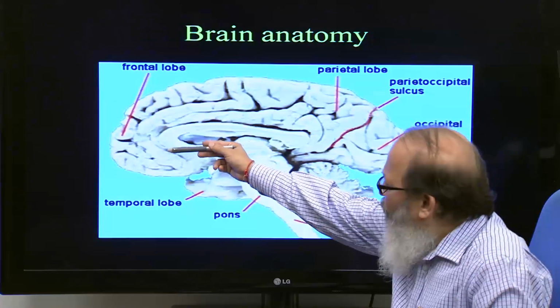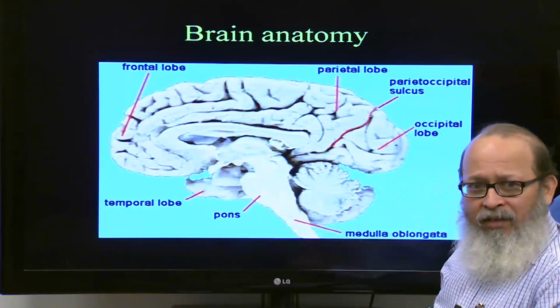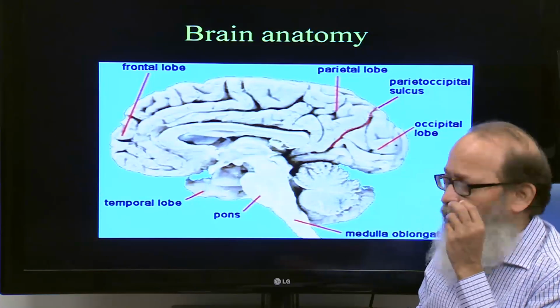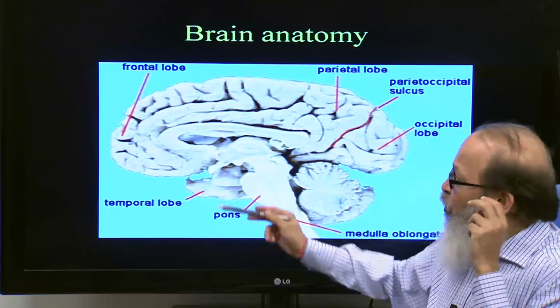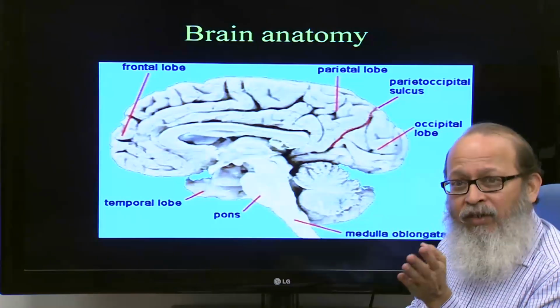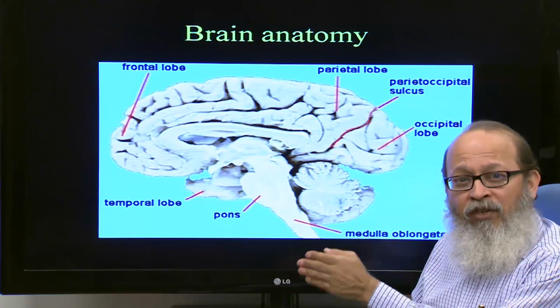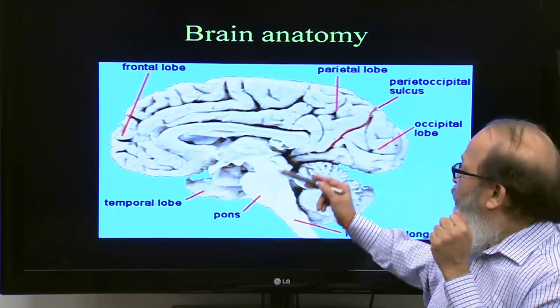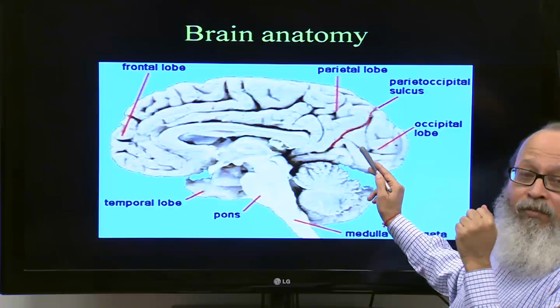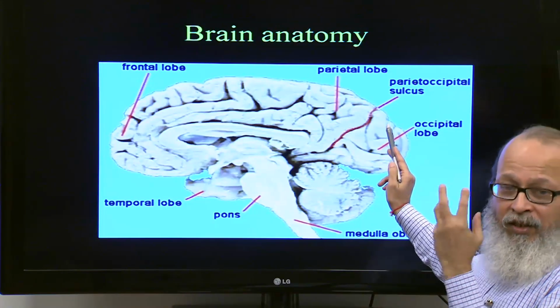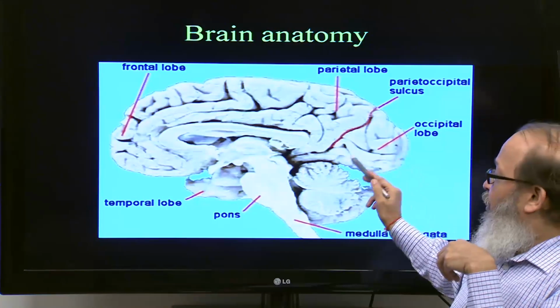So, the frontal lobe is where speech is generated, especially the left part of it, which is called Broca's area. Frontal lobe has a motor area which controls the opposite side of the movement of the body. Parietal lobe is sensation. Occipital lobe is where you see from. All the signals from the eye go there to form the image.